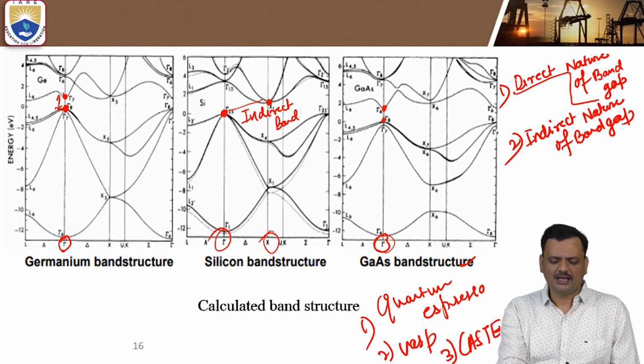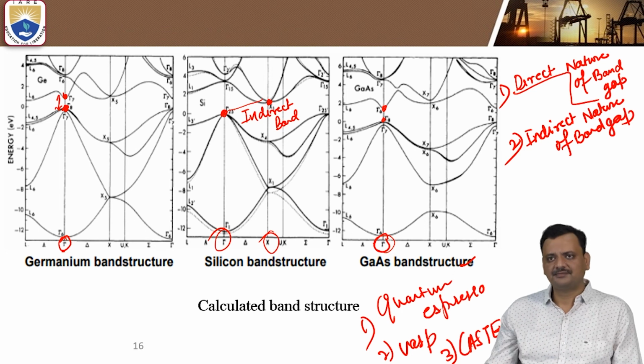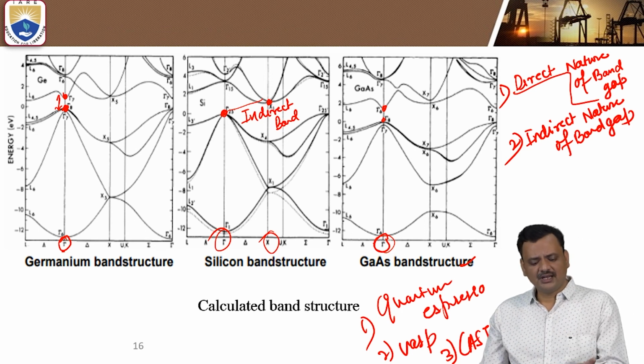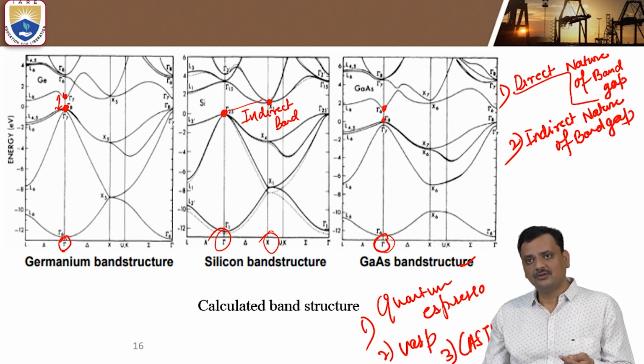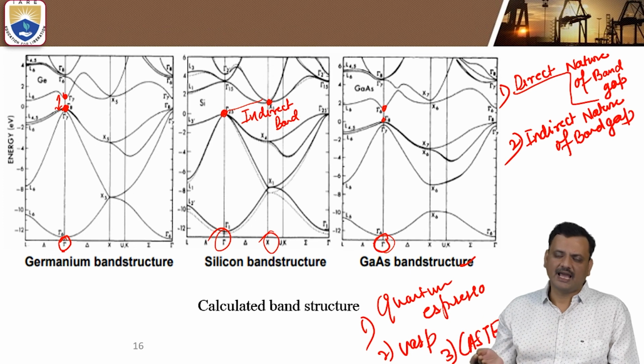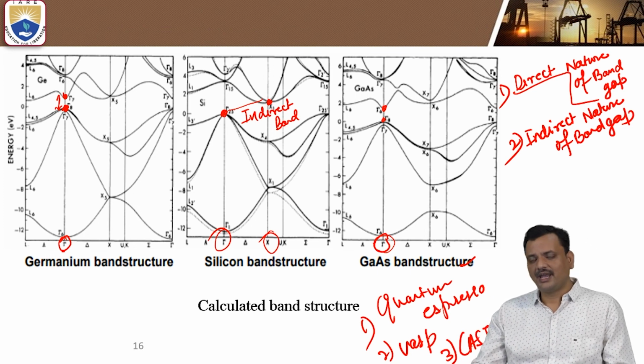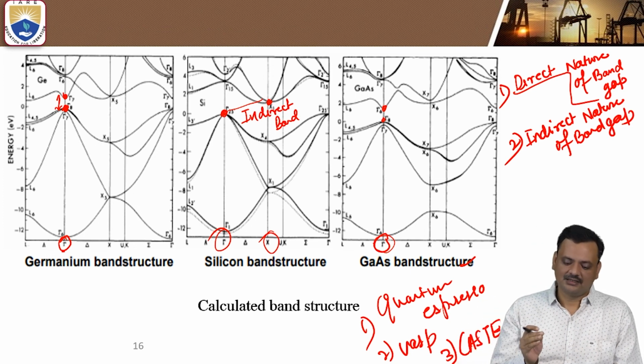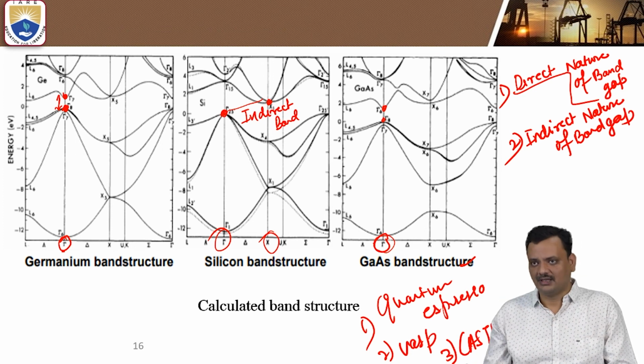Then you will get a plot like this. From this figure, you can know the band gap value, and also identify whether it is direct or indirect. Okay. And also you can calculate the conductivity.